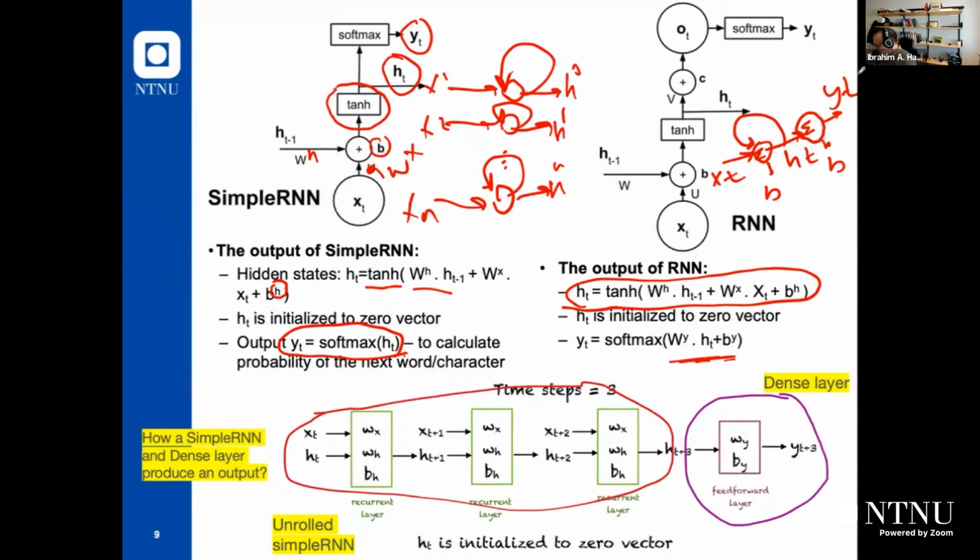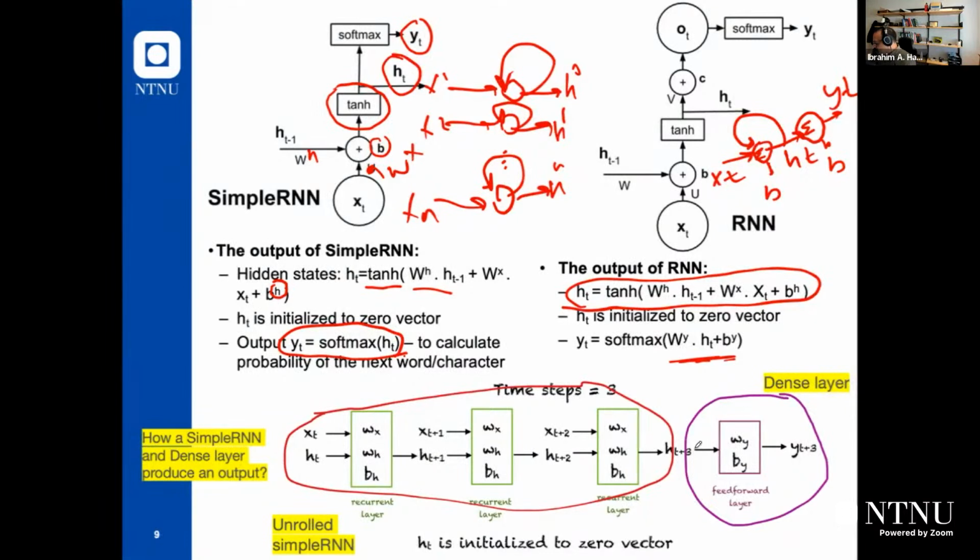So this is when it's unrolled. I mean, if you want to unfold it for time steps equal 3, for example, in this case we will feed it with x t and H of t, we will calculate h t plus 1, we have bias h.